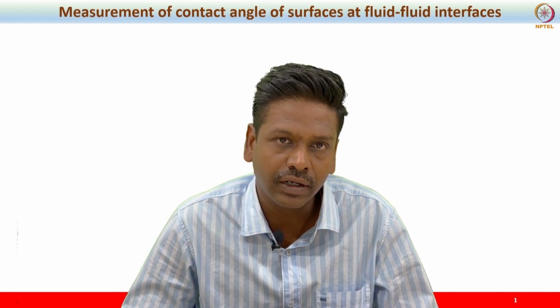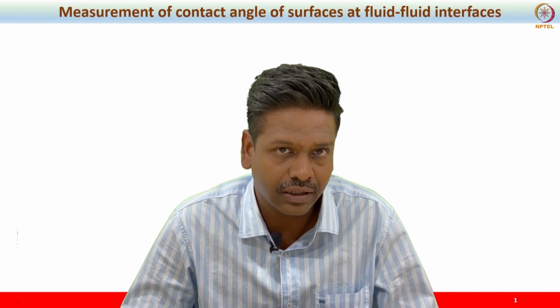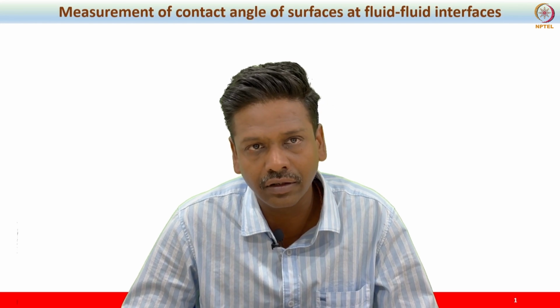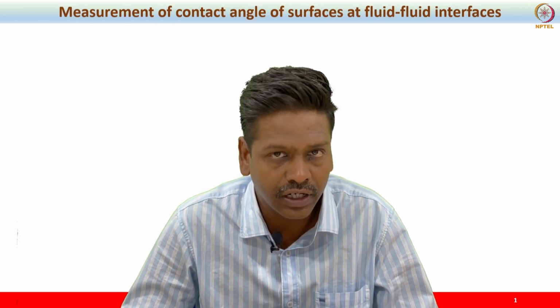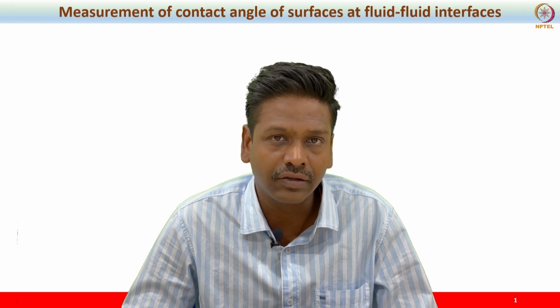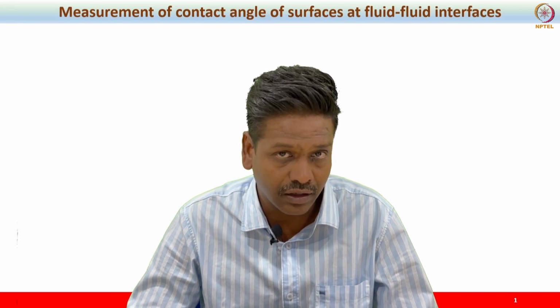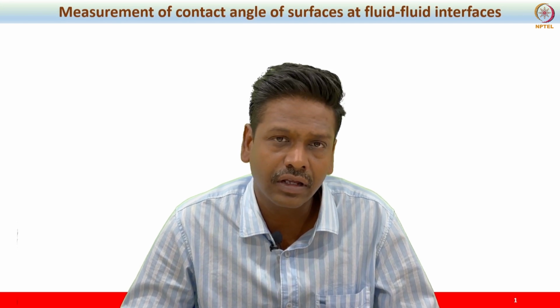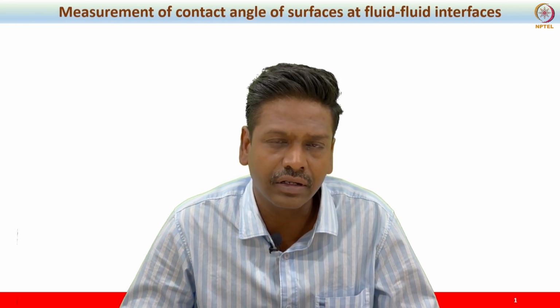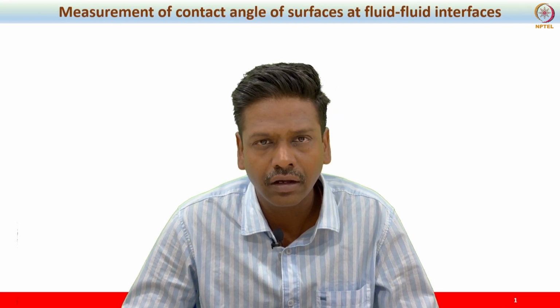So these things we addressed so far. What if we experience a slightly different situation? Let's say the particle is sitting at the fluid-fluid interface, not on the solid surface, but across the fluid-fluid interface. In such a scenario, how can one measure the contact angle?